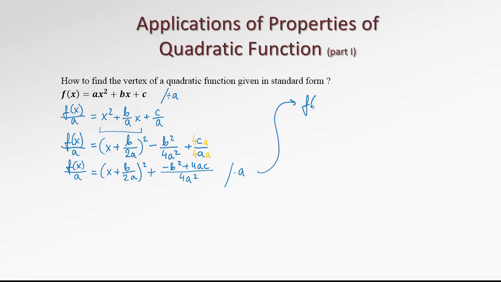Our f of x is equal to a times this bracket, so a and a bracket, x plus b over 2a, squared. And then if we multiply this fraction by a, this a will be cancelled with one a in the denominator. So we get plus negative b squared plus 4ac, that's the same, over 4a. And this is already the vertex form. We can do one more thing.